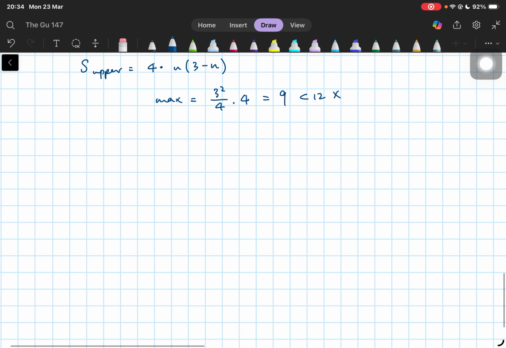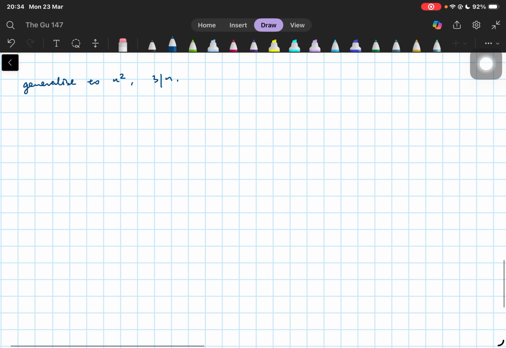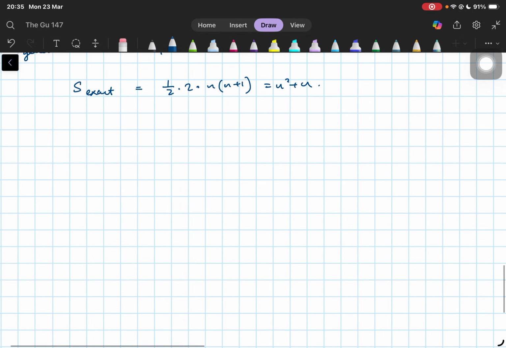And if we generalize to n squared, then the exact value would be half times 2 times n plus 1, which would be n squared plus n.